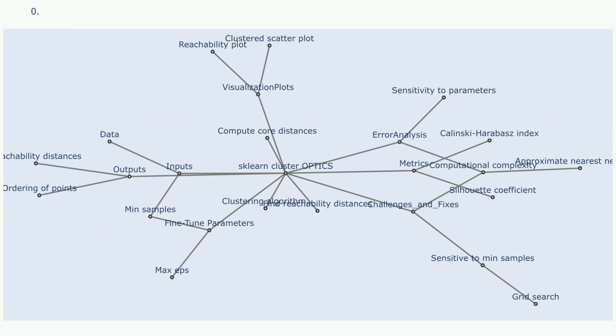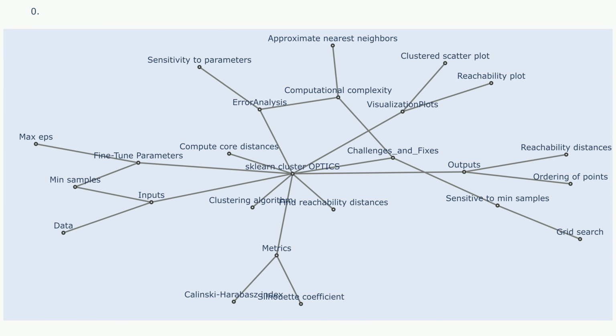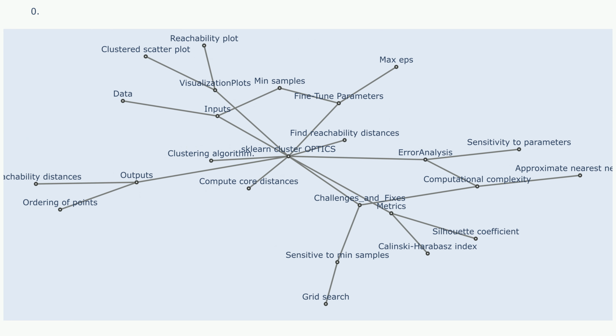Visualization plots: reachability plot, a plot of the reachability distances against the ordering of points, which can be used to identify clusters and noise points. Clustered scatter plot, a scatter plot of the data points, color-coded by cluster membership, to visualize the resulting clusters.